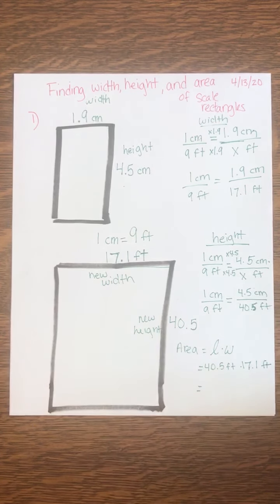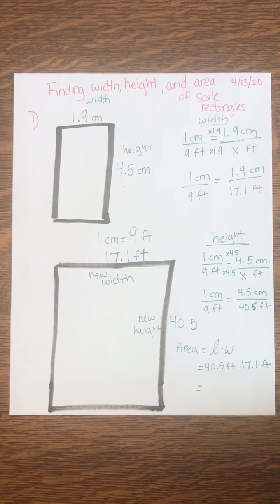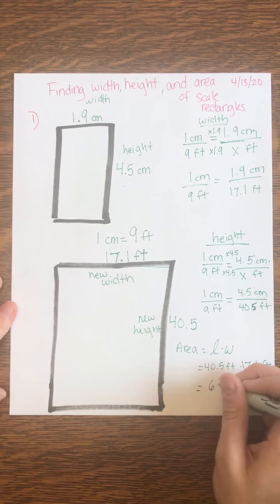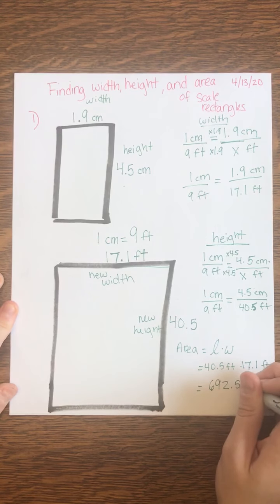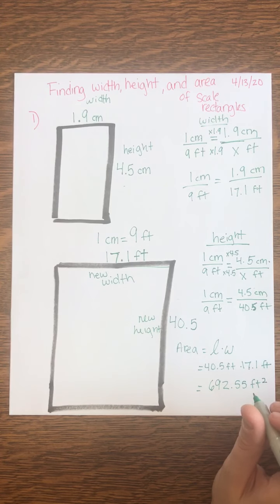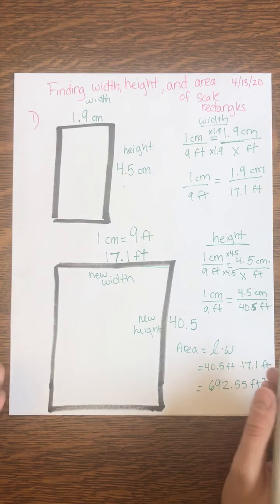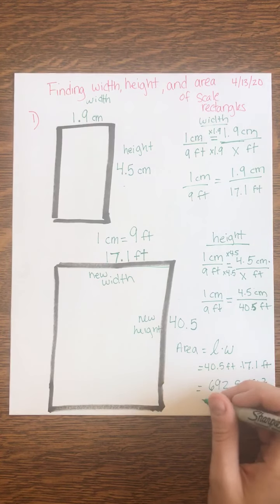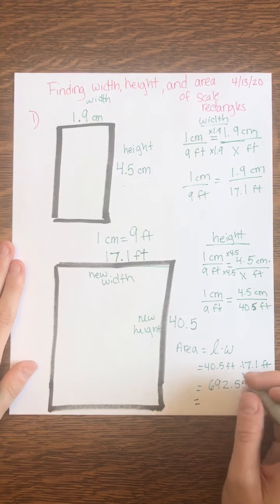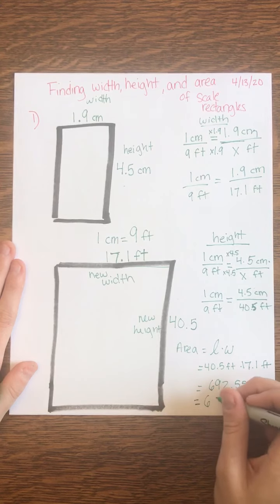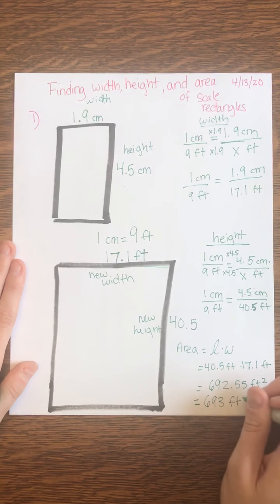And I will get, I'm going to grab my calculator, 40.5 times 17.1 equals 692.55 feet squared. Well, the directions said that I need to round to the nearest whole number. The 5 after the decimal tells me to round up. So to the nearest whole number, the area of my really large rectangle in feet is 693 feet squared.